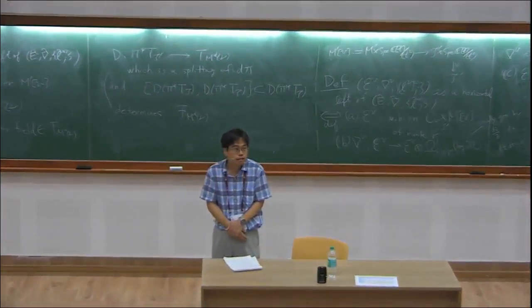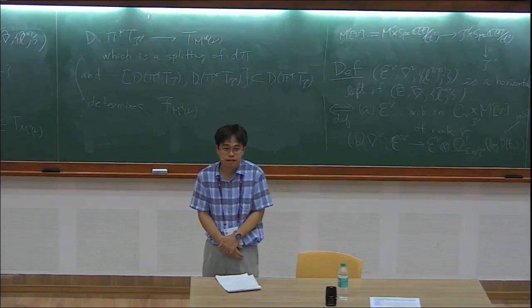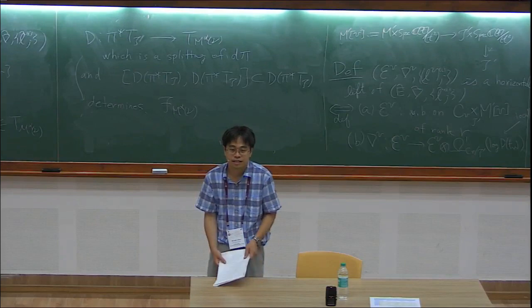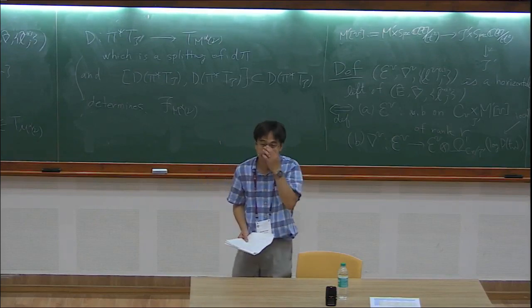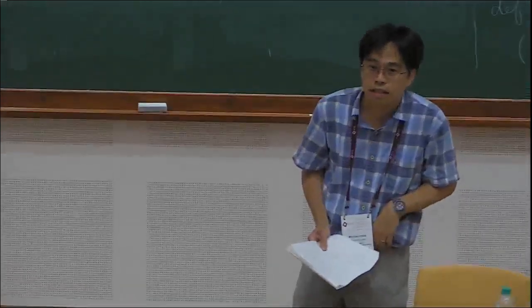Do people have any questions? Why does this horizontal section correspond to an algebraic construction of the isomonodromic equation?